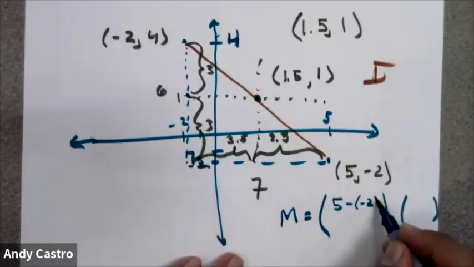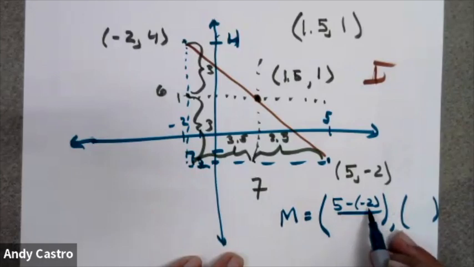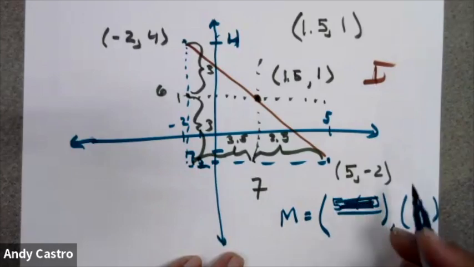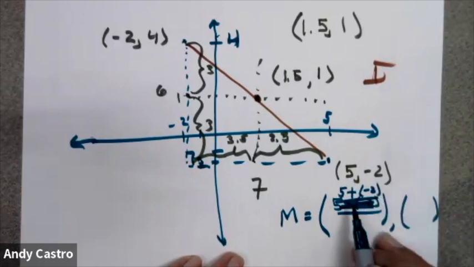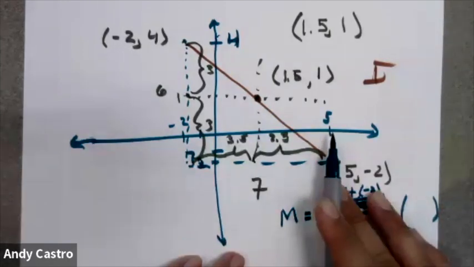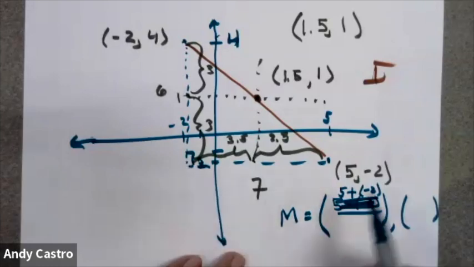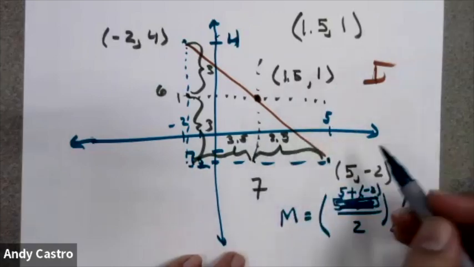I think it's the difference. Well, this would give me 7, and then divided by 2 would give me 3.5. So that's not going to give me the point. I think I add them straight up. So 5 plus -2. Yes, because that would give me positive 3, and I divide that by 2 to get my 1.5.